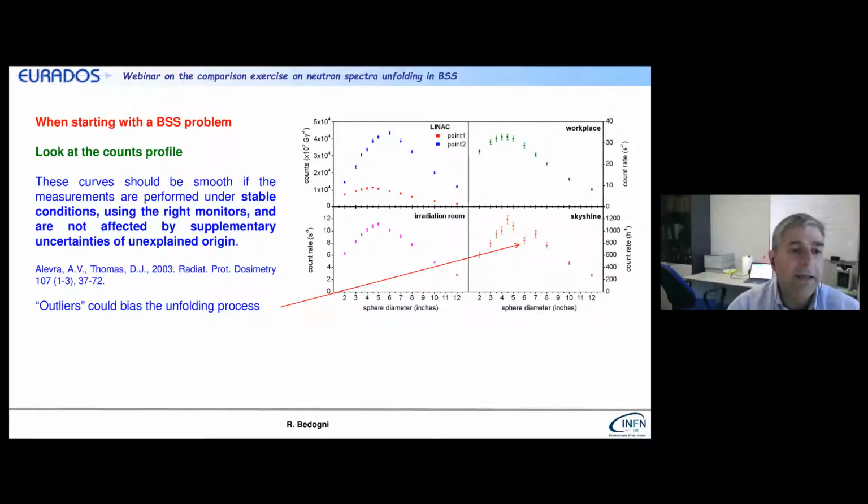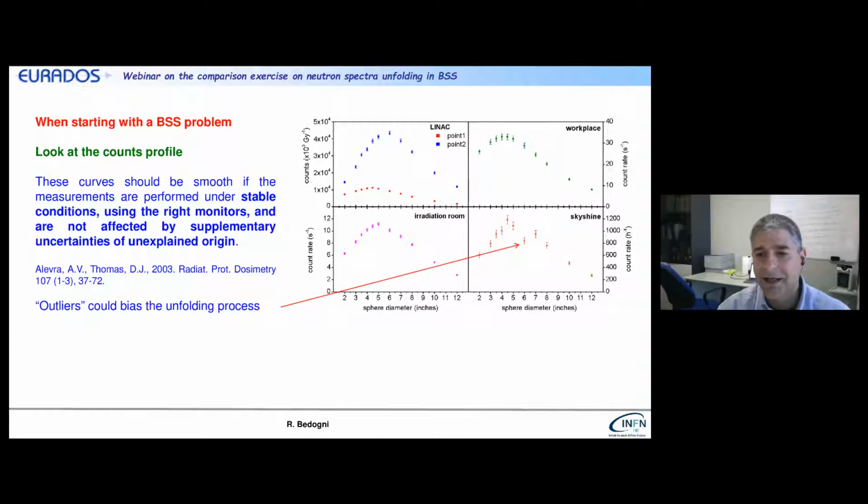For example, they can be affected by nonlinearity, and when this happens, there is a bias in the data. Or sometimes something can be wrong with the detector. Maybe there's a problem in the cable or in the electronics, giving rise to spurious pulses, and possibly there may be extra counts due to some electronic noise or electromagnetic interference. So an example evident in this exercise could be the skyshine problem, not possibly because of a wrong monitor, but possibly a measurement problem.